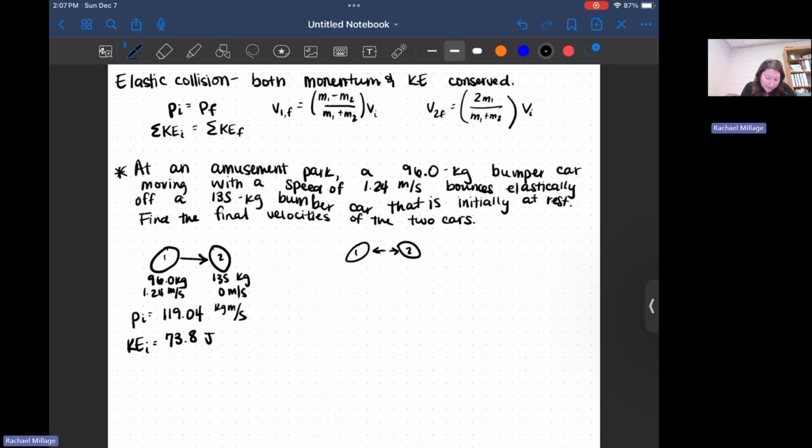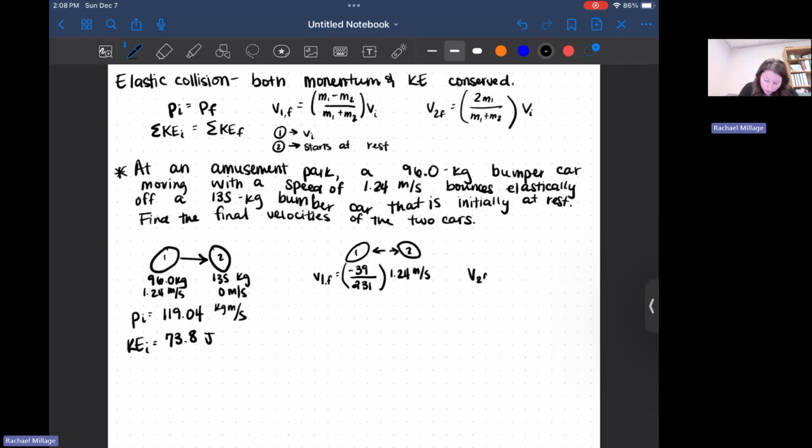With this, we're assuming that object 1 has some initial velocity and object 2 is not moving, or starts at rest. Those are the assumptions we have to use for this equation. So our velocity 1 final is equal to mass 1 minus mass 2, which would be 96 minus 135, which is negative 39, divided by mass 1 plus mass 2, which is 135 plus 96, which is 231, times the initial velocity of object 1, which is 1.24 meters per second.